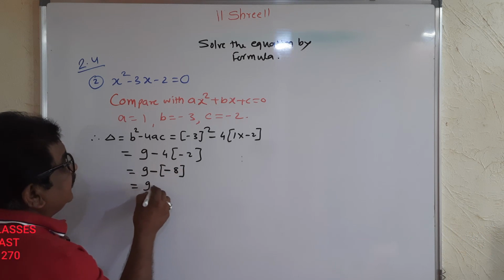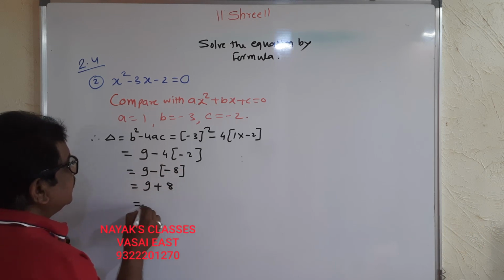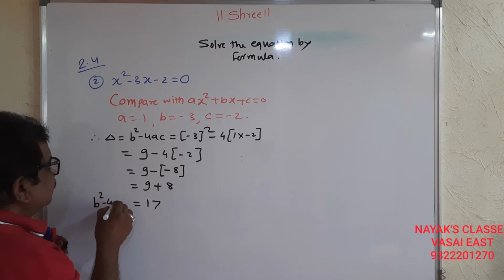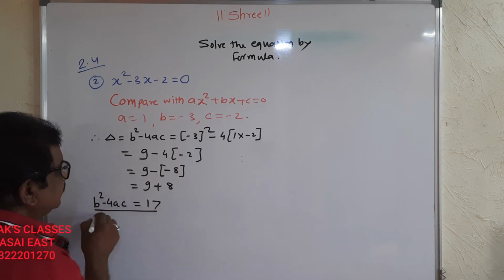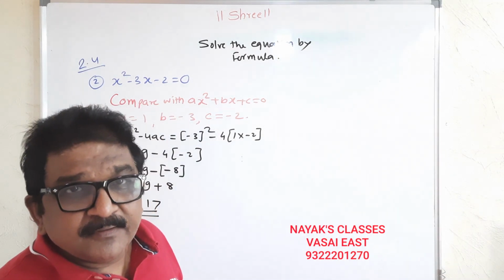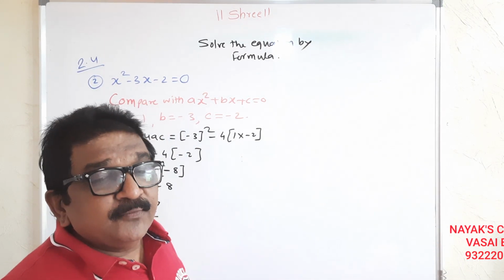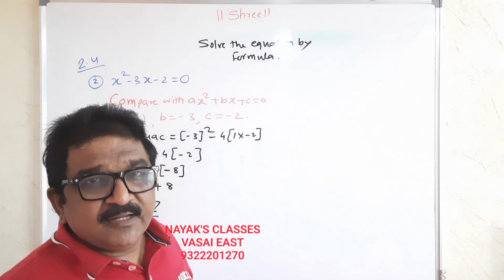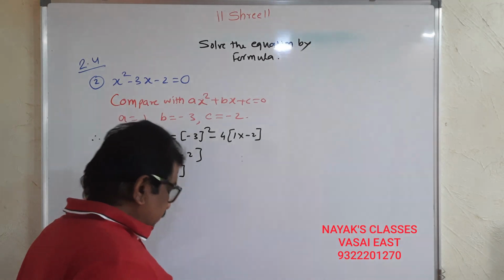So it will be 9 plus 8 is equal to 17. So b square minus 4ac is equal to 17. Correct?